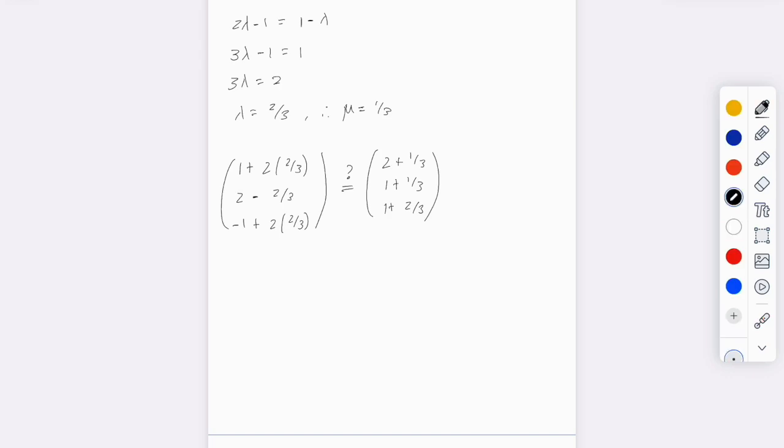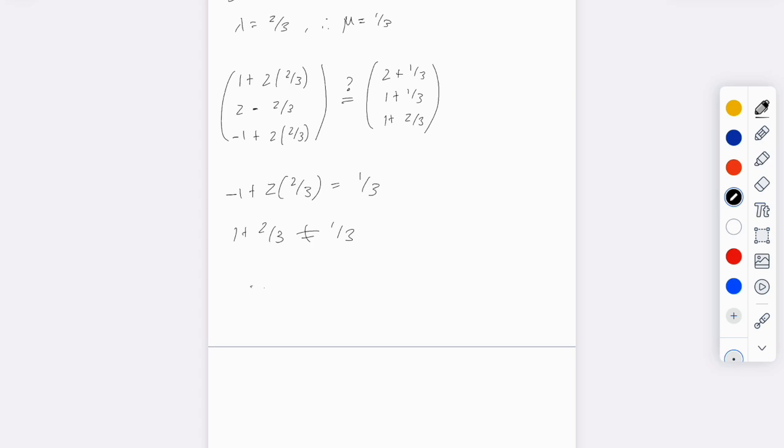Well, negative 1 plus 2 times 2/3 is equal to what? Well, what that equals is a third, and that's it. Okay. But 1 plus 2/3 does not equal a third.